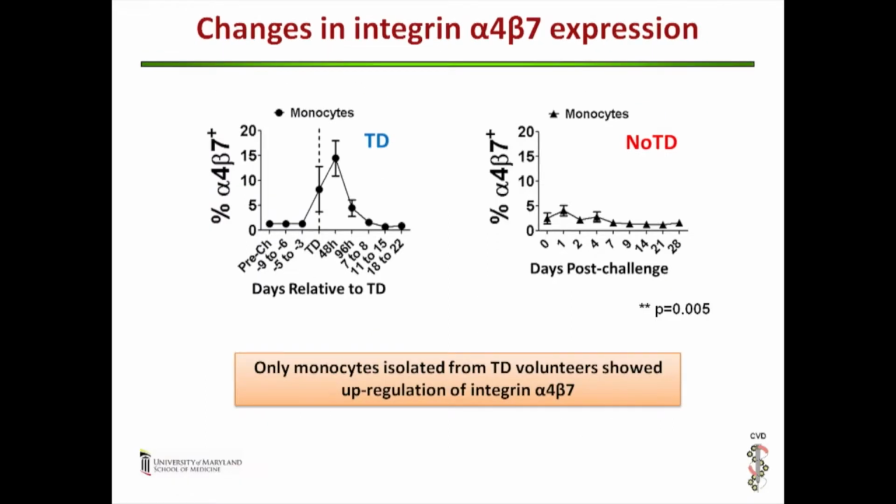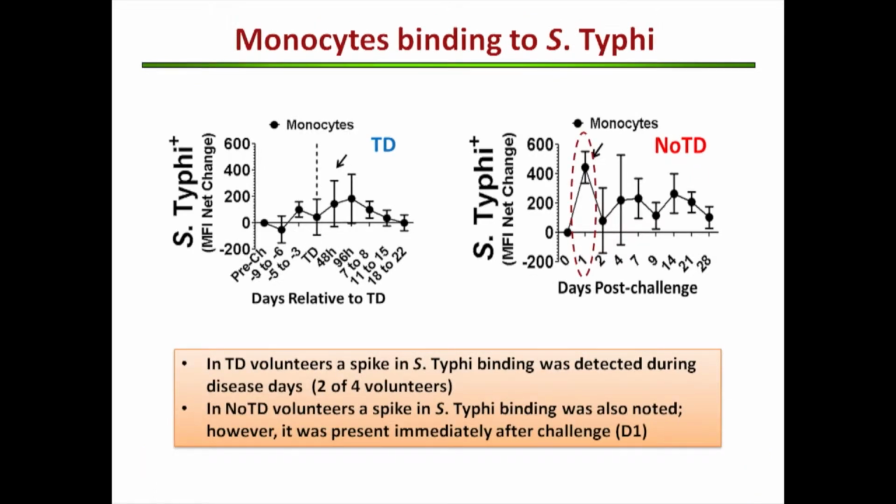If we look at alpha-4 beta-7 expression, we see exactly the same thing. In the volunteers who developed TD, there was an enhancement of the expression of this molecule that tells the cells to go to the gut. However, the no-TD volunteers have no effect. But the no-TD volunteers are not always flat.